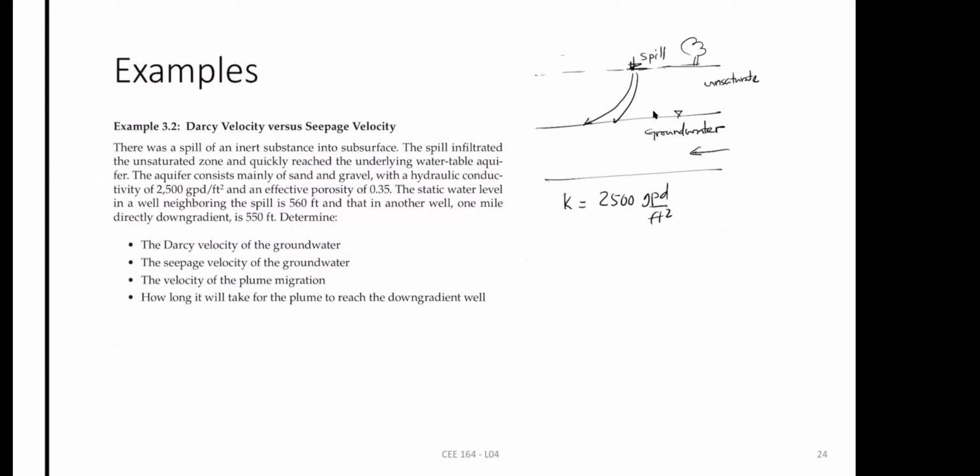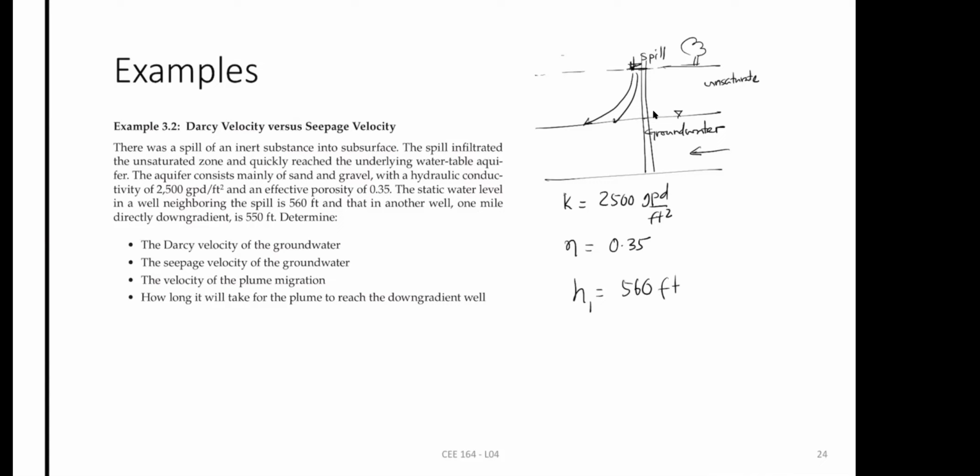So that's the same thing as before. Effective porosity is 0.35. The static water level at the well neighboring the spill is 560 feet. So if you dig an imaginary well here, the height, let's say H1, at that location is 560 feet.